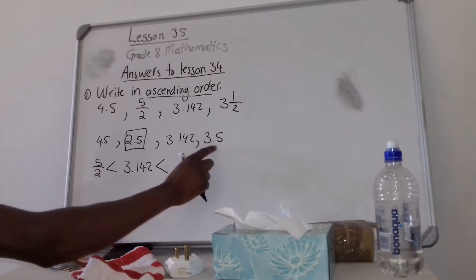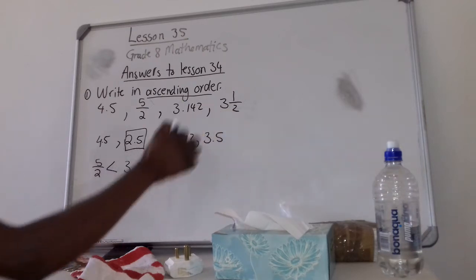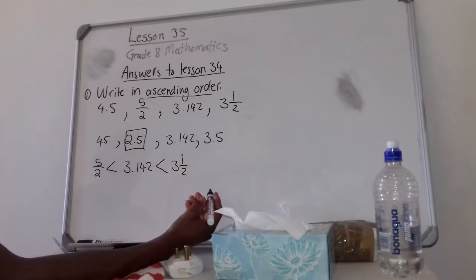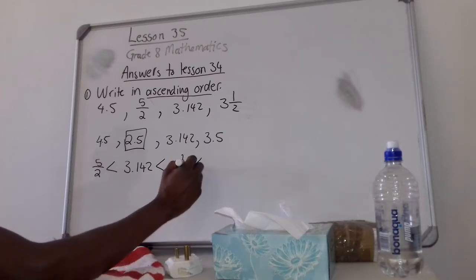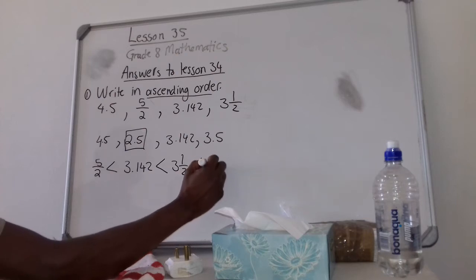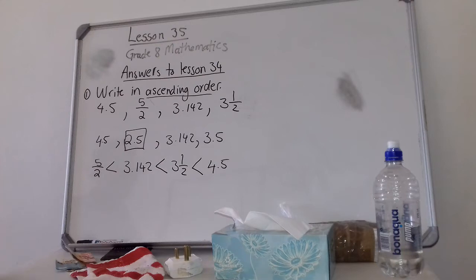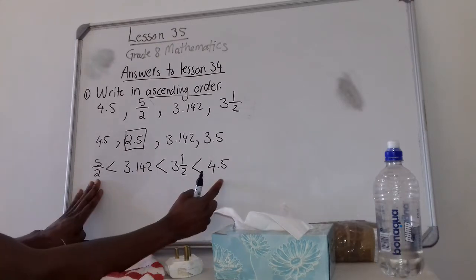Remember, you write down the original number for that one too. Then the biggest number of them all is 4.5. So we've written them in ascending order, from the smallest to the biggest.